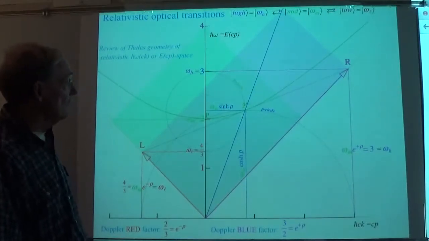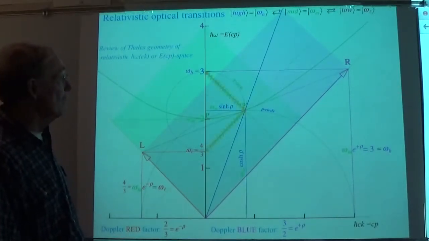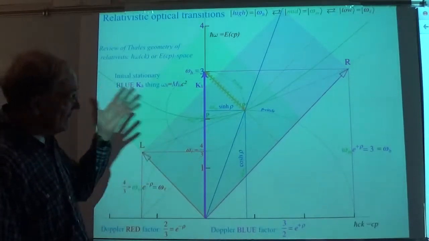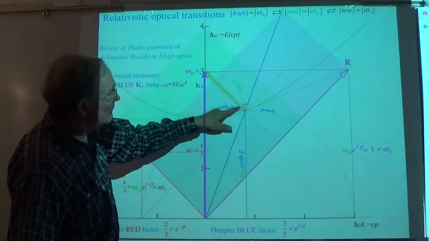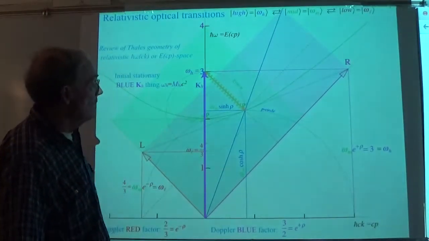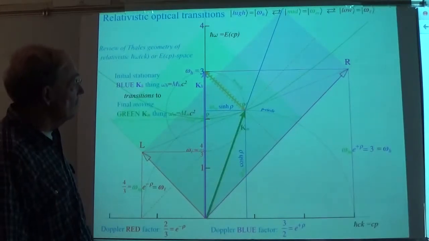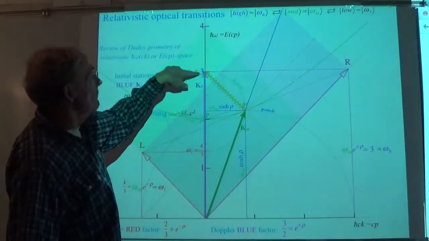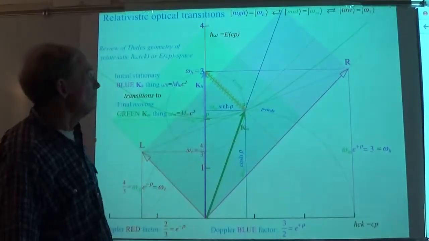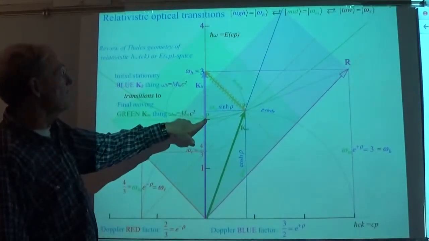Transitions. This is where we're getting a little bit over time, but I'm going to go ahead and just show you that the same geometry applies if you jump using light. You always jump at 45 degrees. So you make a transition from, say, this hyperbola that went through there to one that's down here, and that's where you hit. So you don't quite get to the rest energy.